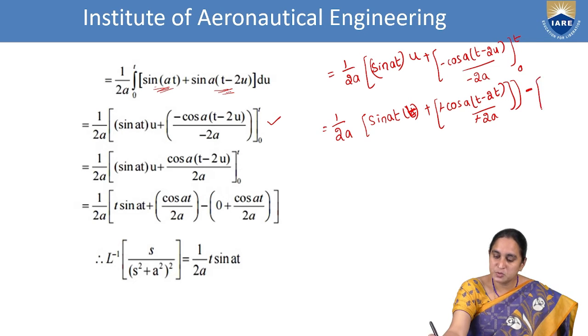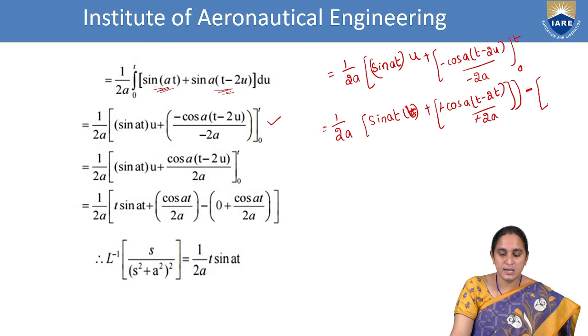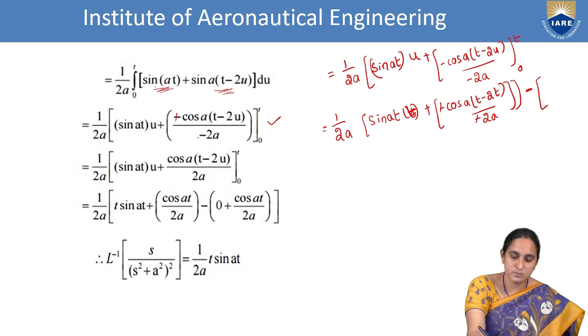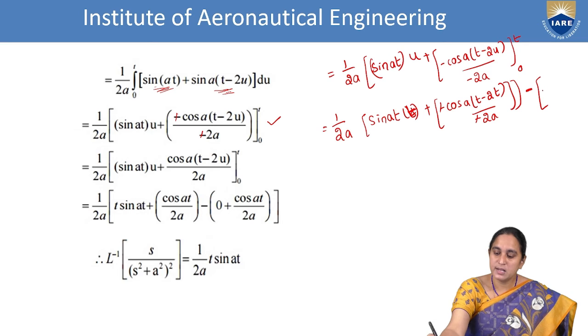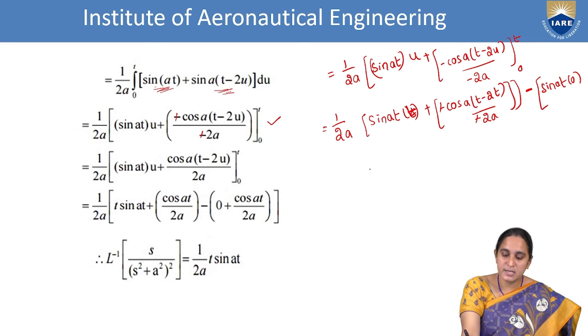Now substitute the lower limit: minus minus cancel, that is sin at into 0 minus of cos a of t minus 2 into the lower limit 0 by 2 into a.